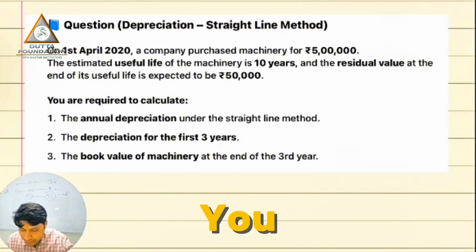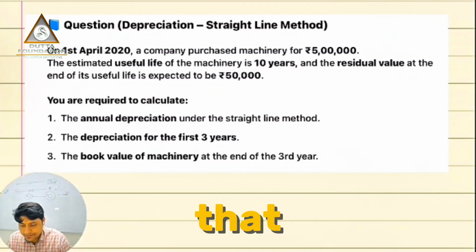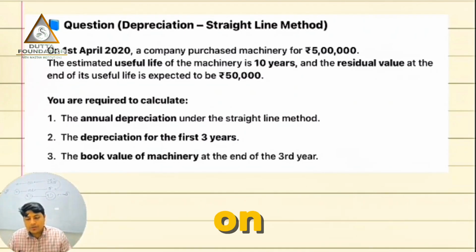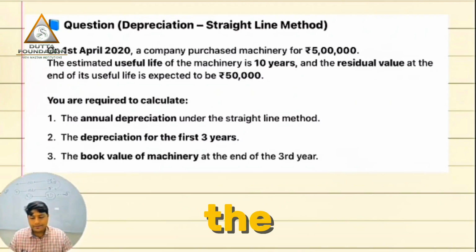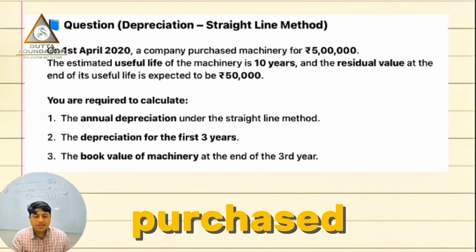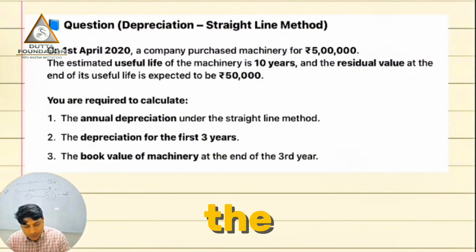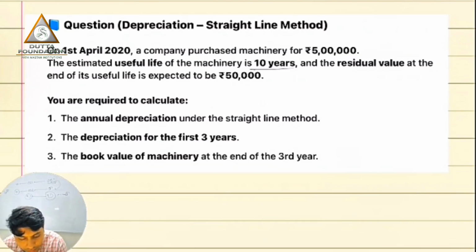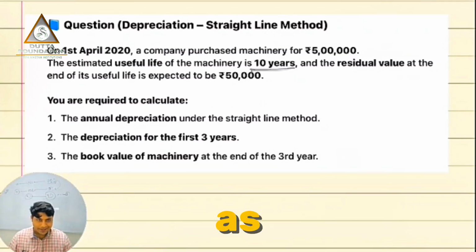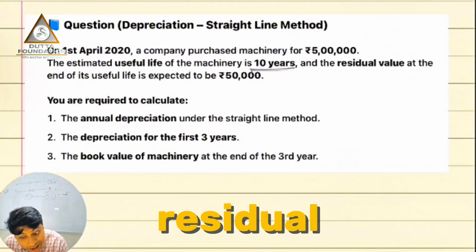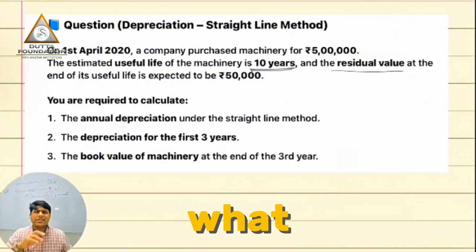Now, let me tell you, the first question is that a company purchased machinery of rupees 5 lakh. The useful life of the machine is given as 10 years. The residual value, sir, what is residual value?